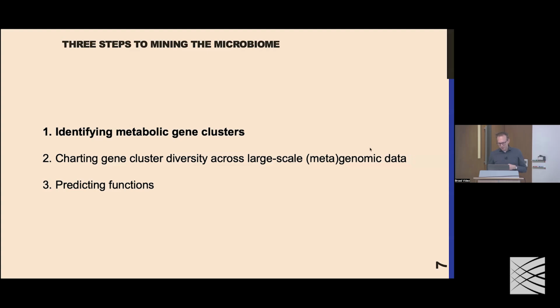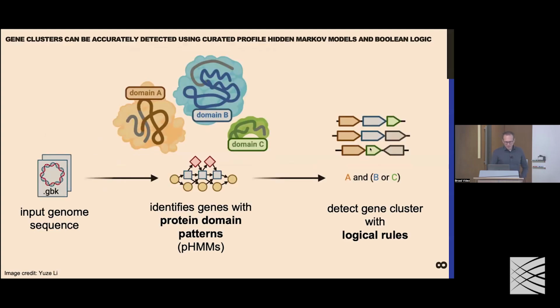But we did start working on it in collaboration with a group in Germany, Kai Blin and Tilman Weber. And we basically used a general strategy that is still being used in many of the tools today, simply because it really allows a very precise tuning of the identification of these gene clusters, where you start with an input genome sequence, and then you use a rule-based approach.